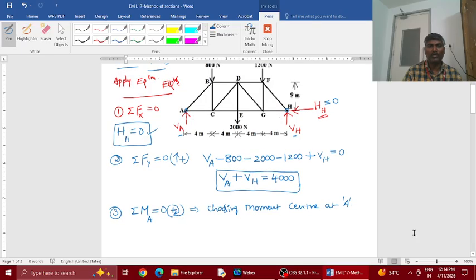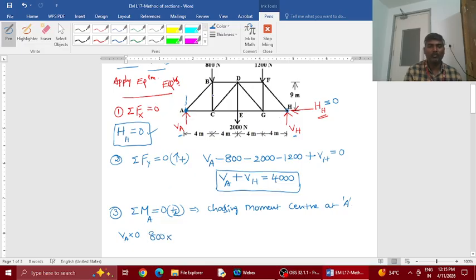Now write moments of all these forces equal to 0. So you are taking moments from A. So VA, that is a force, distance 0, perpendicular distance between this force and the point. The moment center is exactly on the force. Yeah. Now coming to the 800 force.